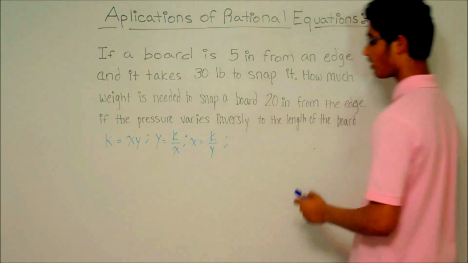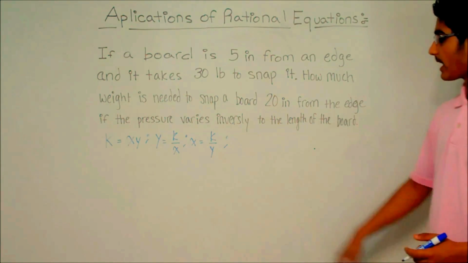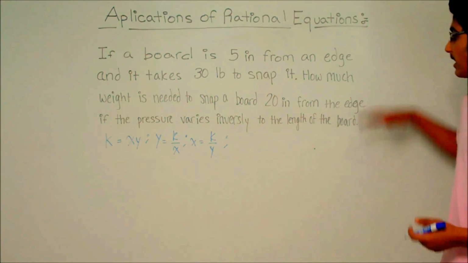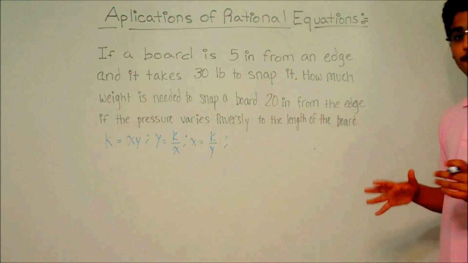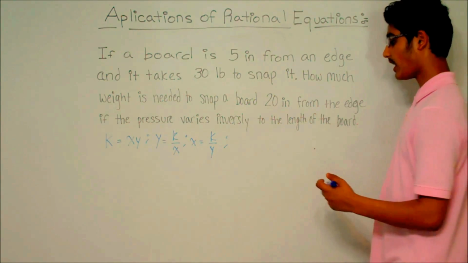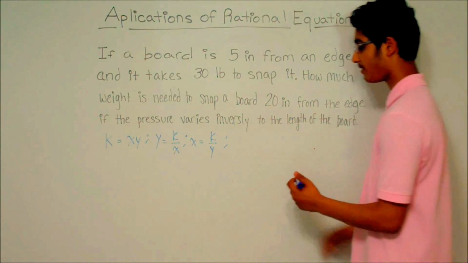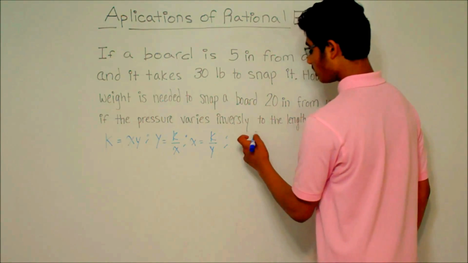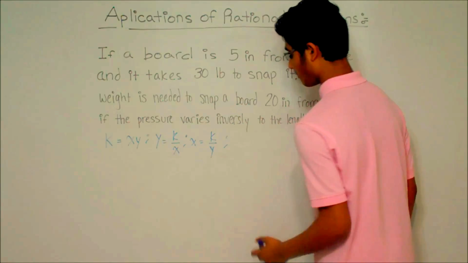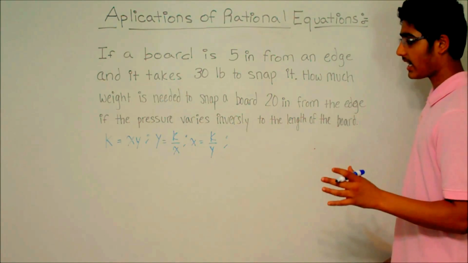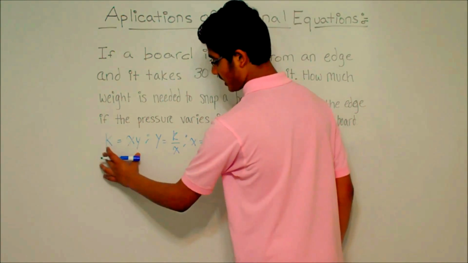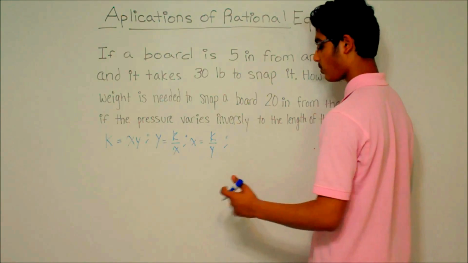Here, when we plug our numbers in, we don't get the actual value of k in this problem. So the first step is to find the value of k. To do that, we have to plug in what we have. Since we're finding k, we're going to use this form, which is k is equal to xy.